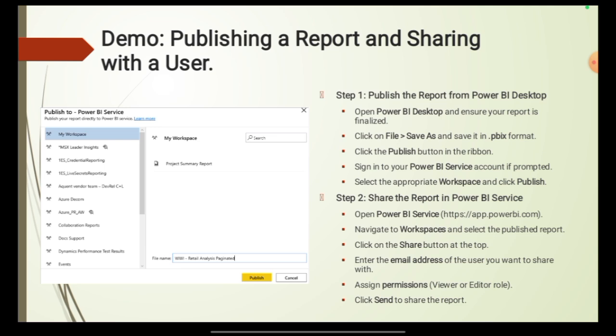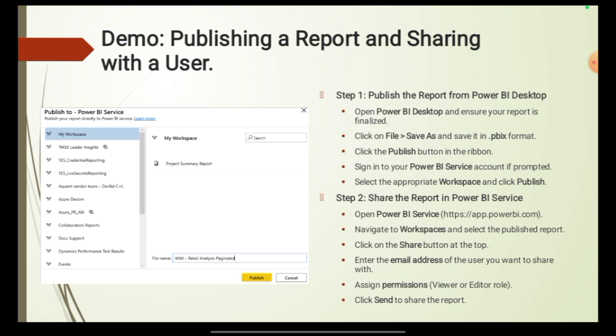So from this part we can say that to publish and share a report in Power BI, we will have to follow two main steps. Step 1 involves publishing the report from Power BI desktop. First open Power BI desktop and ensure the report is complete. Then click on File, Save As to save the report in .pbix format.